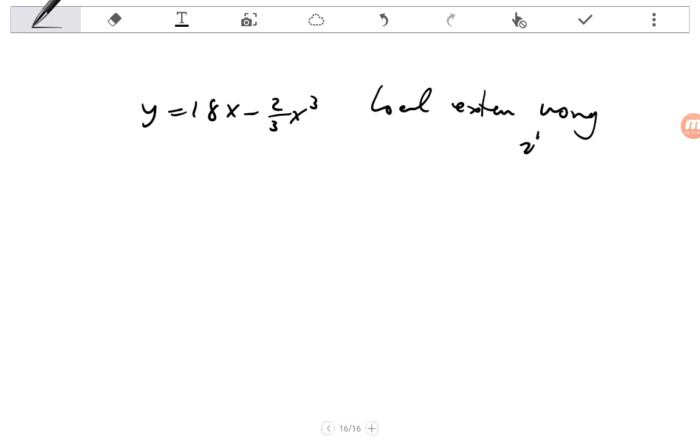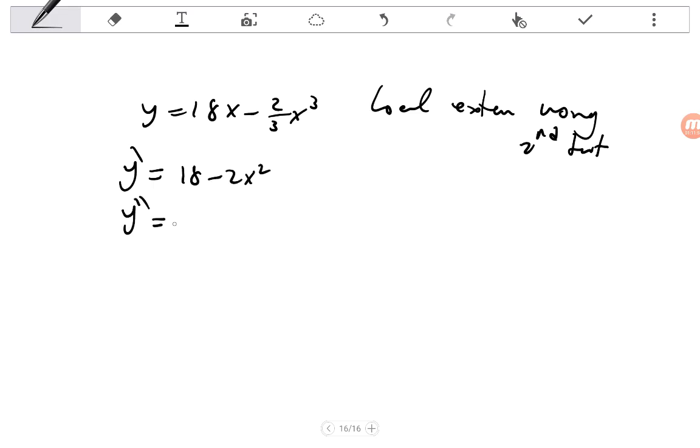If I have this example, y is equal to 18x minus 2 over 3 x cubed, find the local extrema using the second derivative test. We just find y dash, which will be equal to 18 minus 2x squared.